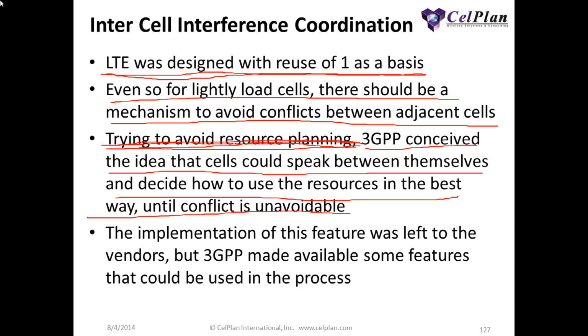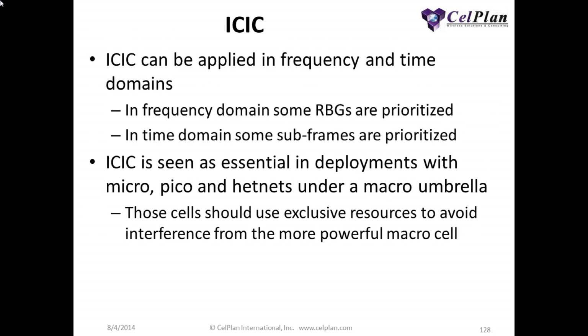So ICIC has to be taken with certain caution. It can be applied in frequency and time domains. So some RBGs are prioritized, subframes are prioritized, and basically it's a real-time allocation of resources.